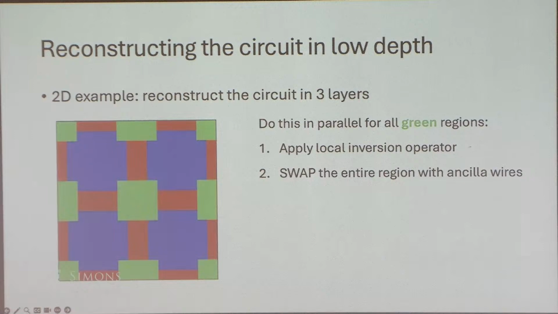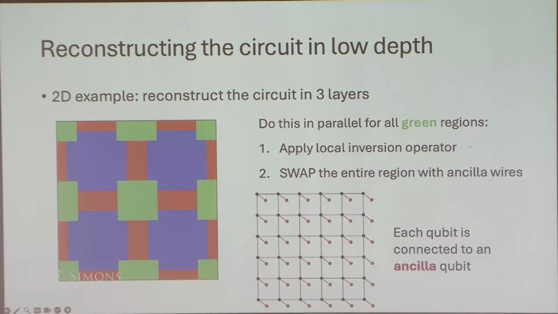So now we need to use a new trick. So actually, the reconstructed system looks like this. So originally, we just have these black qubits. But now the reconstructed system has these new red qubits, which are ancilla qubits. And each qubit has its own ancilla qubit nearby that is connected to it.